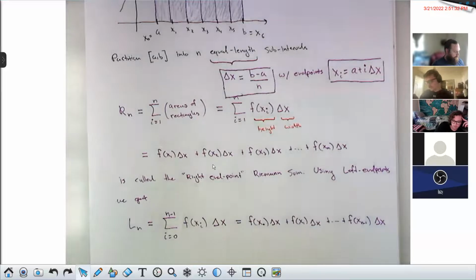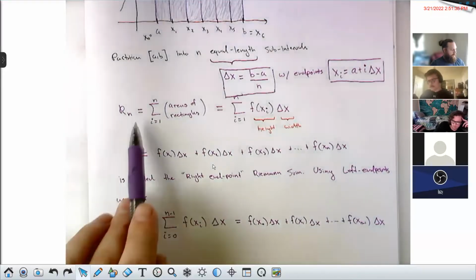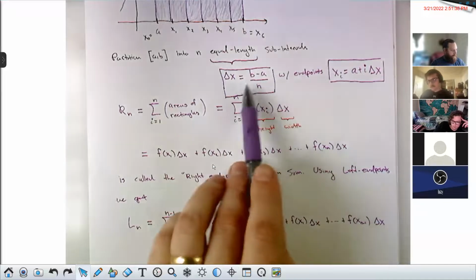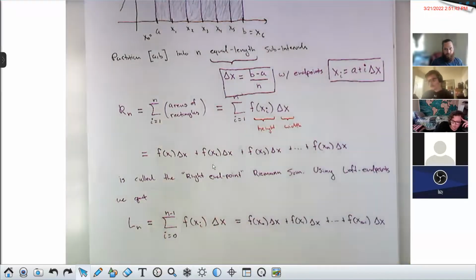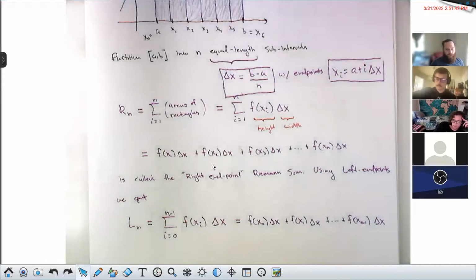So take a second, we're casual today and all nice and gentle. Go back to the part where you have your Rn and Ln formulas in your notes and make sure you've got both of these. For now, the xi's, when we've got a finite number of them, we can always just figure out what those numbers are. But down the road, we will need this more general formula for the xi's.